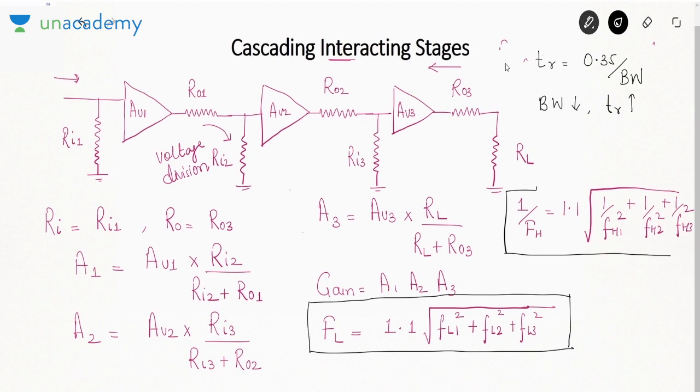So in such a case, how do we define rise time? Overall rise time is given as 1.1 times under root TR1 square plus TR2 square plus TR3 square. Okay. So rise time will increase, lower cutoff frequency will increase and upper cutoff frequency will reduce. These formulas can be applied in interacting stages. The earlier formulae with 2 to the power 1 by n are applied in non-interacting stages. Okay.